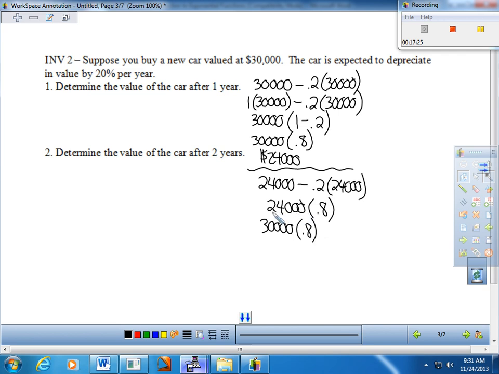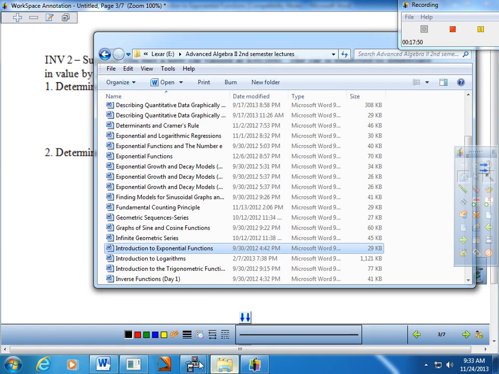That's this number right here. And as you can see, of course, I multiply it by another 0.8. What does repeated multiplication look like to you? Well, in this case, it would be squared, but we do use the exponent. And now, hopefully, after this time, it's really starting to come together for you. Let's go ahead and just do the calculation and get going on this.